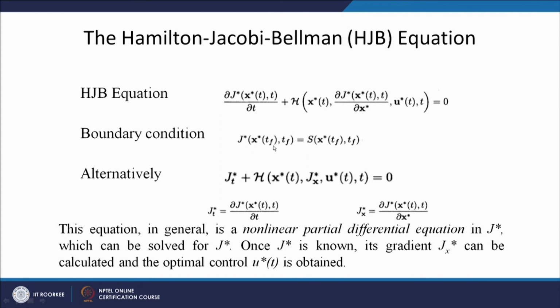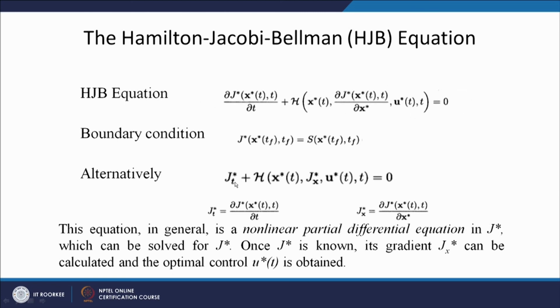J star of x star of tf, tf equals S of x tf, tf. So I have to solve this equation subject to this boundary condition, and this terminal cost is known to me. So with the known terminal condition, I have to solve this HJB equation.